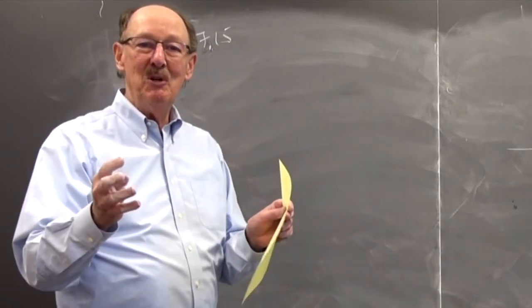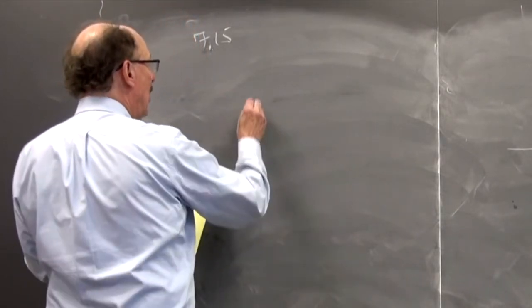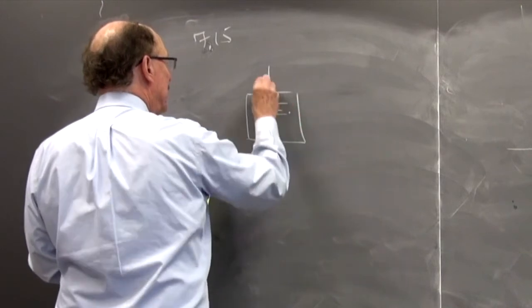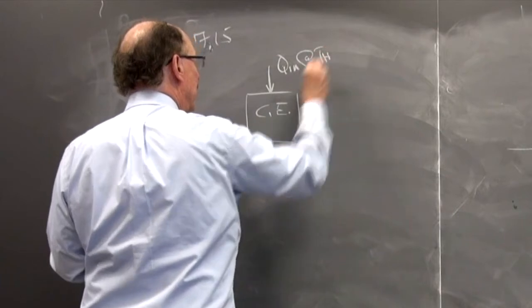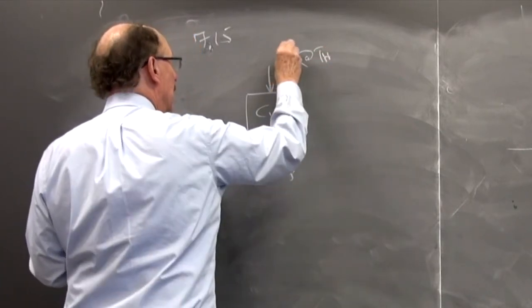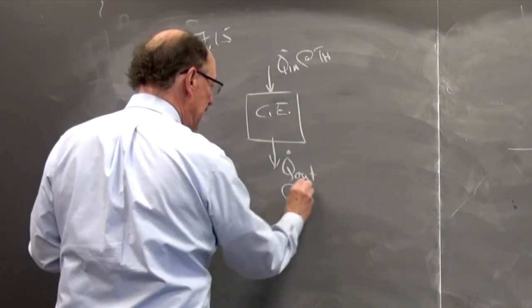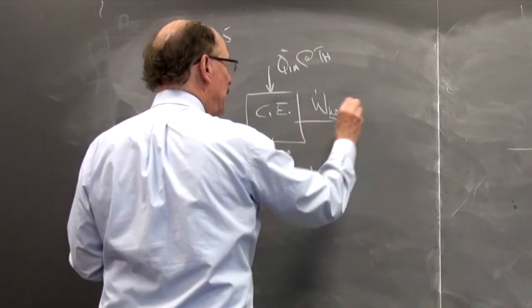And so what we can do is have the Carnot engine, it receives Q in at TH and rejects Q out at TC, and it's going to produce an amount of power W dot net.